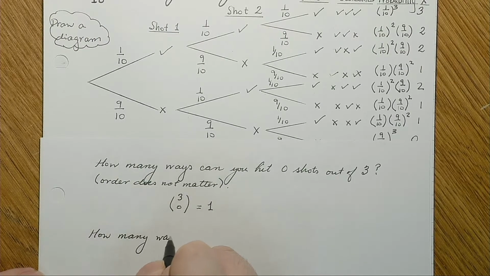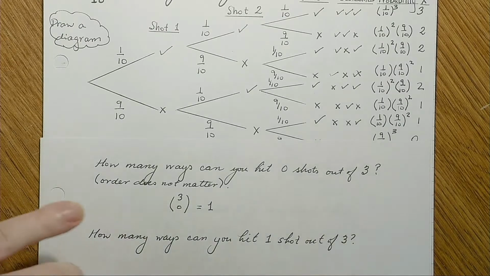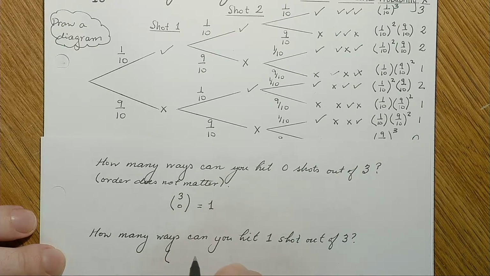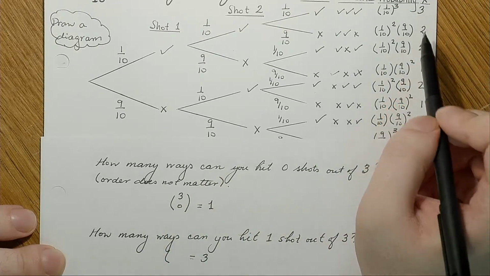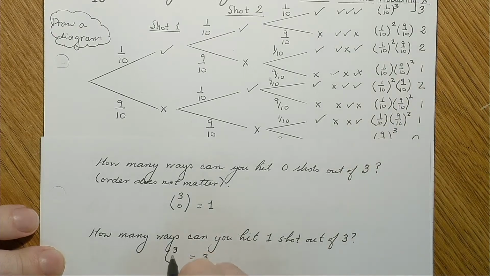How many ways can you hit 1 shot out of 3? So what do you think in the chat then? Yeah, then it's 3. The reason for that is, there's 3, good, because we can see right from here. 1, 2, 3, but that's 3 choose 1.